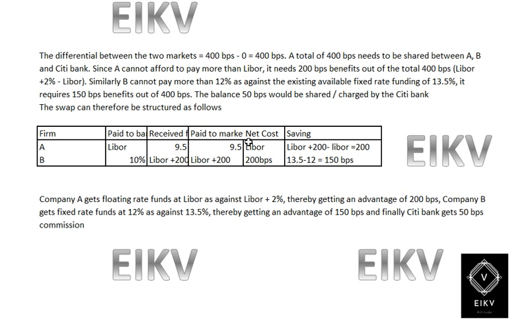Paid to market: 9.5 and LIBOR plus 2%. Net gain would be LIBOR and 200 basis points. Savings would be LIBOR plus 200 minus LIBOR, which is 200, and 13.5 minus 12, which is 150 basis points.